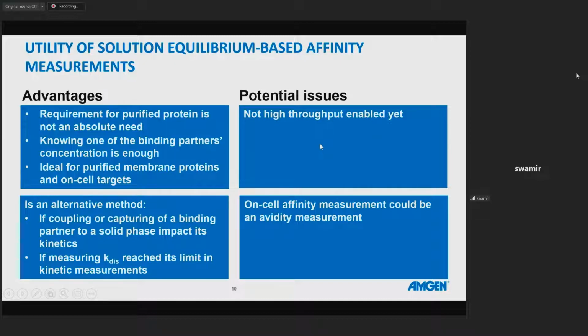The disadvantage is that it is not high throughput enabled, and even though we could measure the affinity of the reaction for on-cell, it could be an avidity interaction, so it cannot differentiate avidity from affinity.